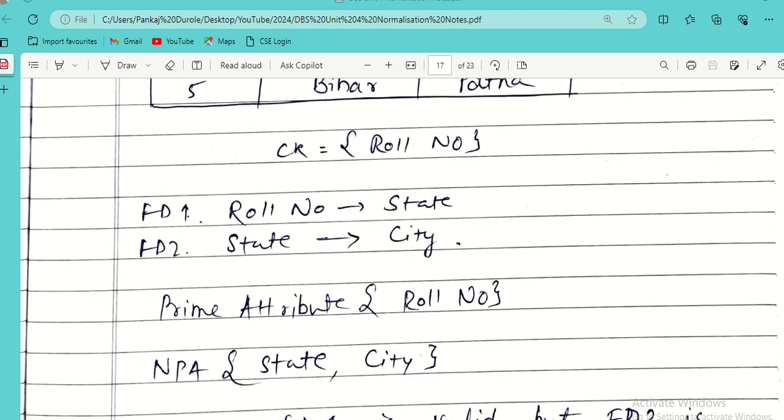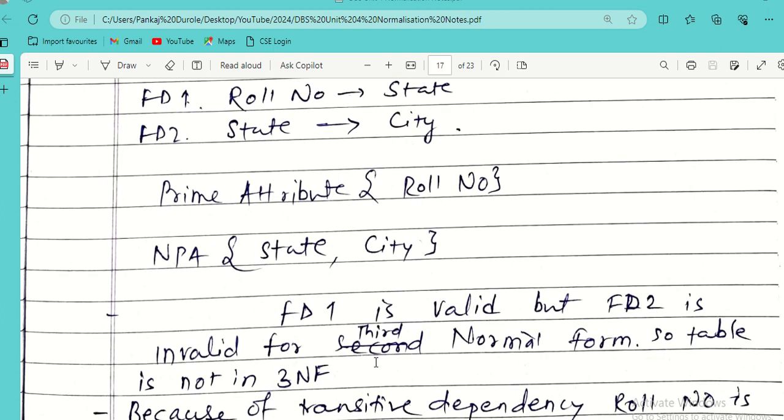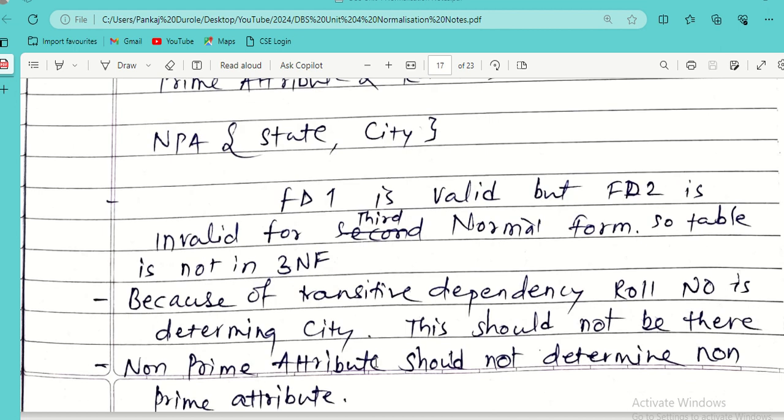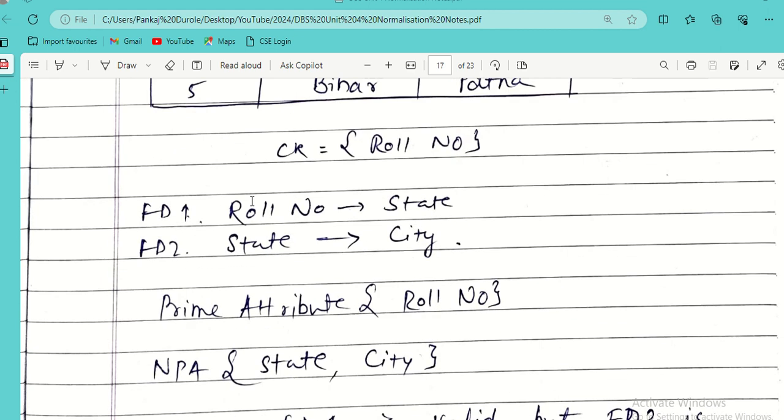The prime attribute is roll number, the non-prime attributes are state and city. So functional dependency 1 is valid. Roll number is the primary key which is determining the non-prime attribute, right?